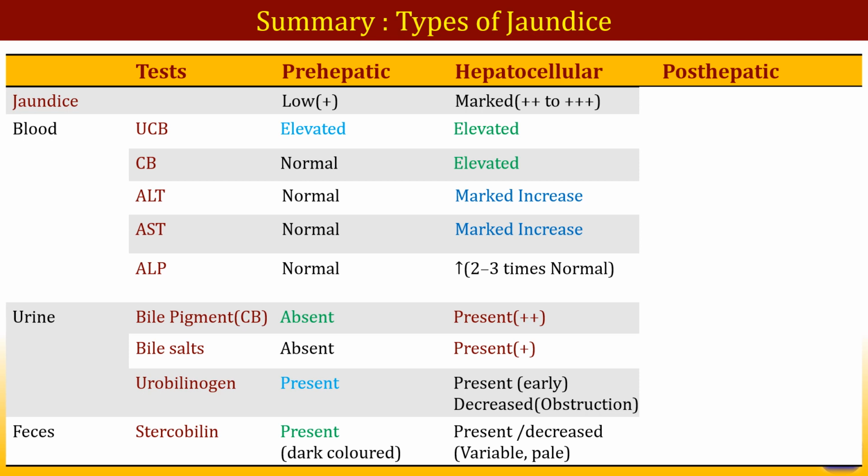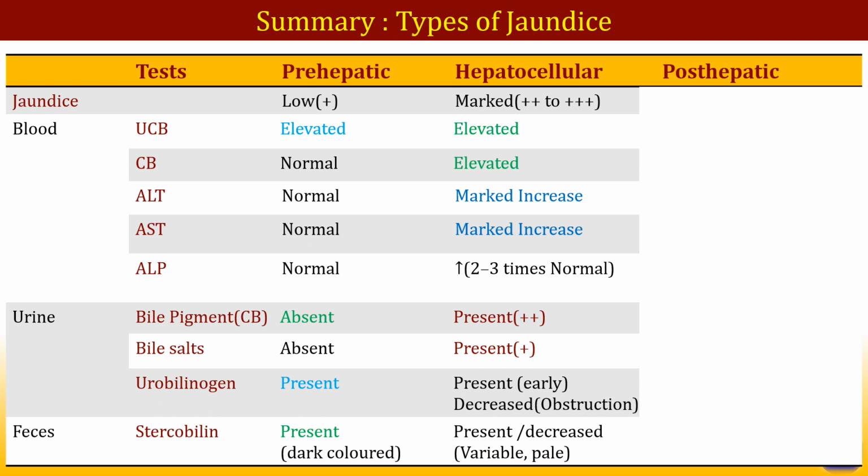But the ALP level will be increased within 2 to 3 times normal. So the increase in ALP will be there in hepatocellular jaundice, but not as much as in post-hepatic jaundice. There will be presence of conjugated bilirubin and bile salts in the urine, and urobilinogen in the urine will be present in the early stage, but it will decrease as the obstruction sets in.